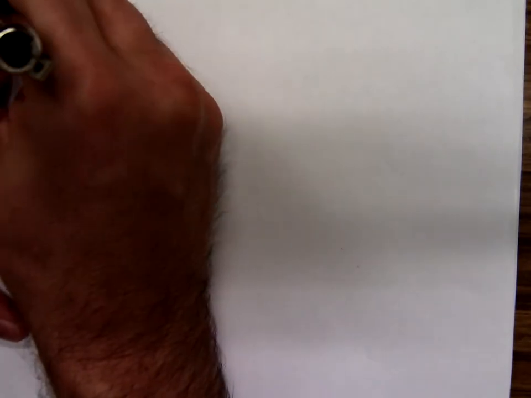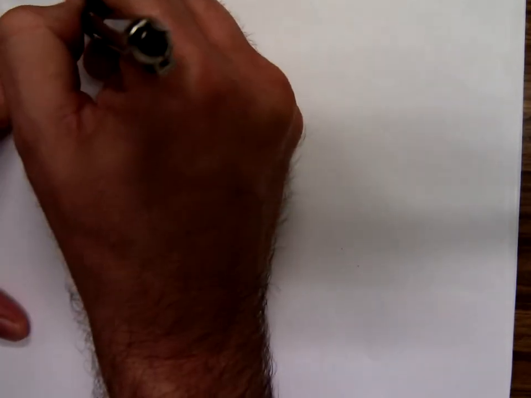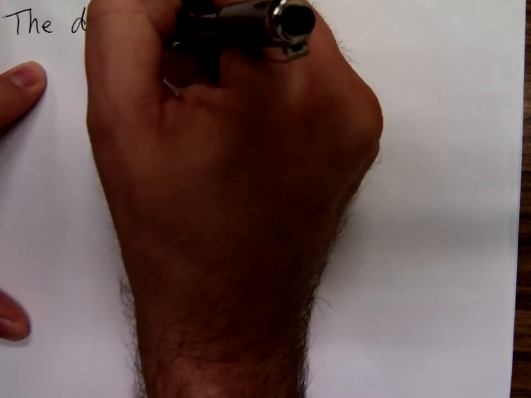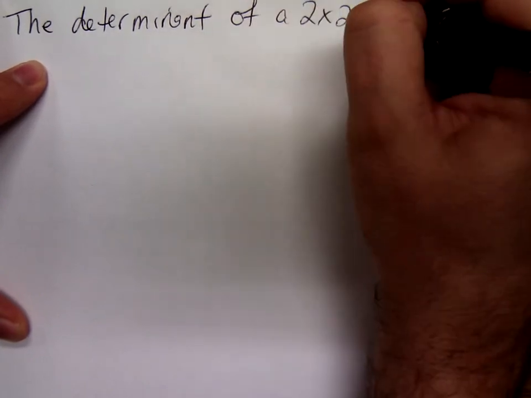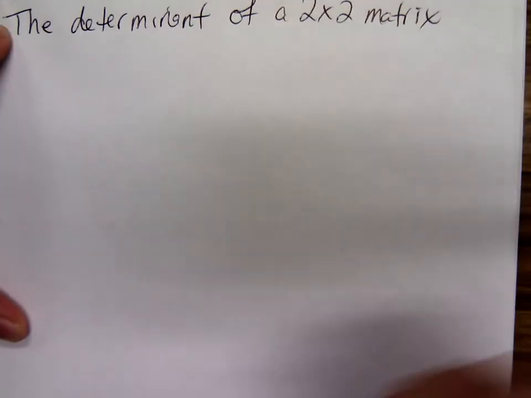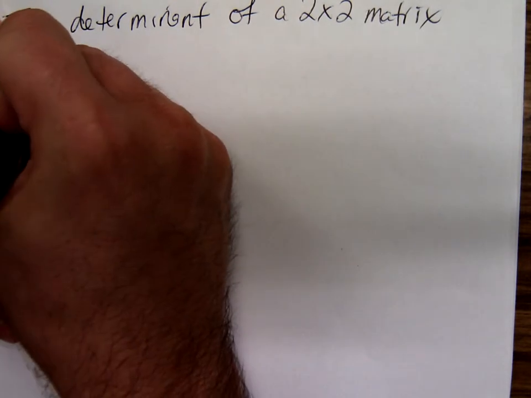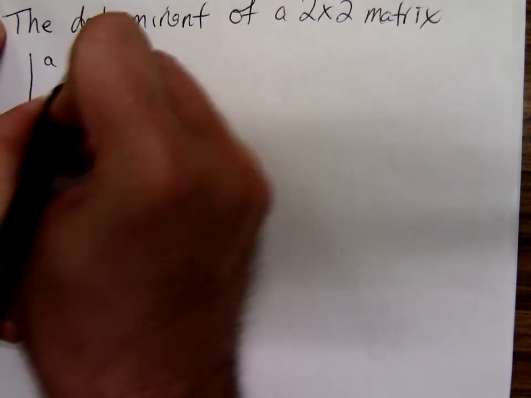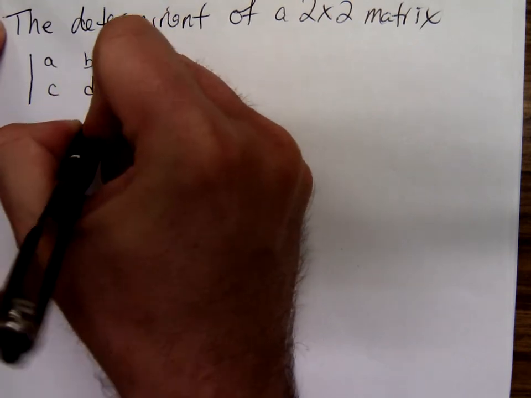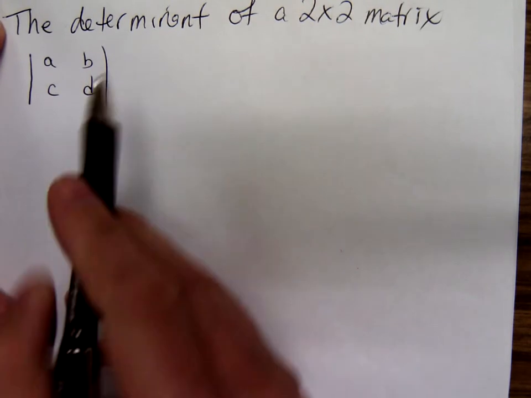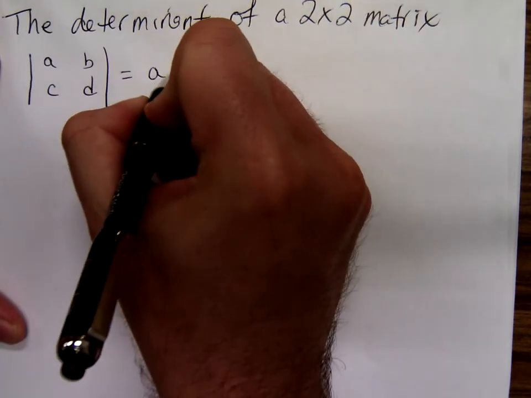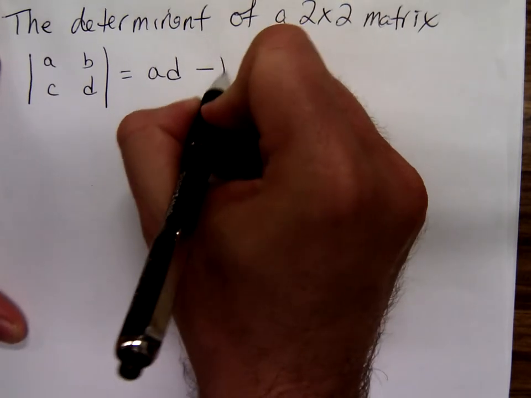Well, let's see. The determinant of a 2 by 2 matrix is given by, well, a 2 by 2 matrix has 4 numbers. Notice this is not an augmented matrix. It's just 4 numbers, 2 rows, 2 columns. And it's AD minus BC.